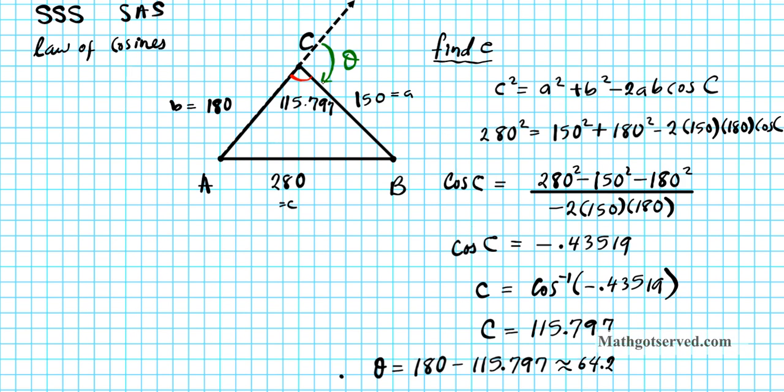This is the angular rotation that the ship must undergo in order to be back on track, and the value of theta, like we found out earlier, is 64.2 degrees. All right, so that's that.